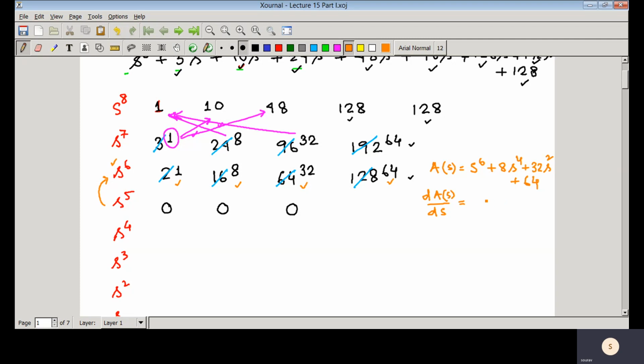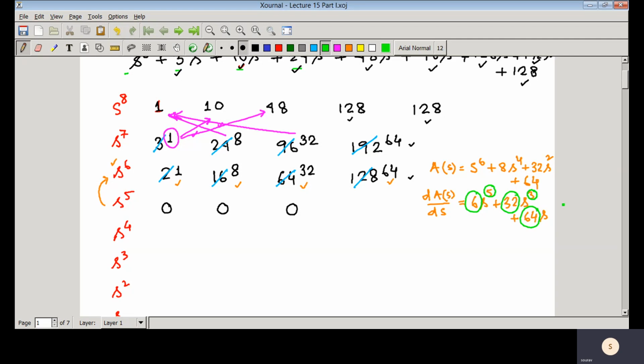So if we take that one, it would be 6 s to the power 5, then 32 s cube, plus this one 64 s. So then we have three coefficients, here you can see that 6, 32 and 64, and you can see here s to the power 5, s to the power 3 and s to the power 1.